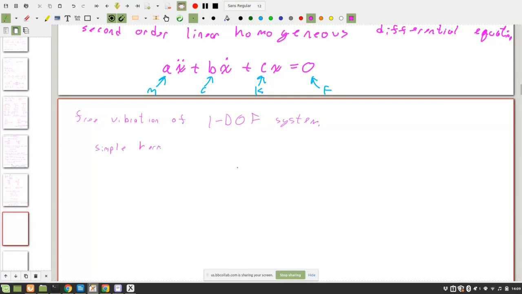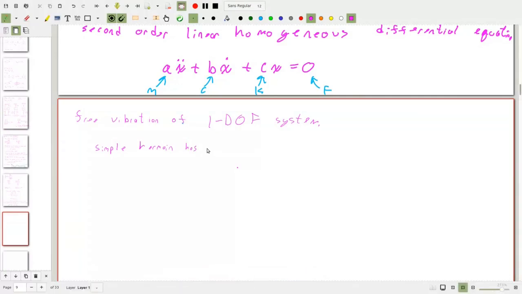So simple harmonic has a single frequency and amplitude. Right.